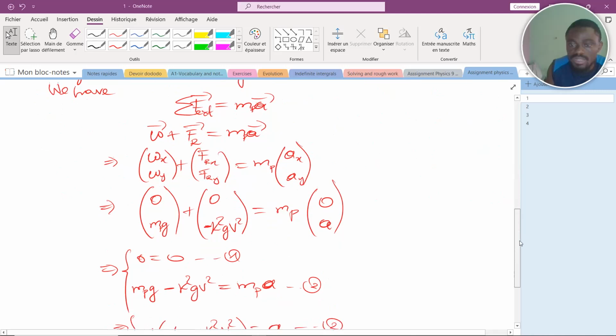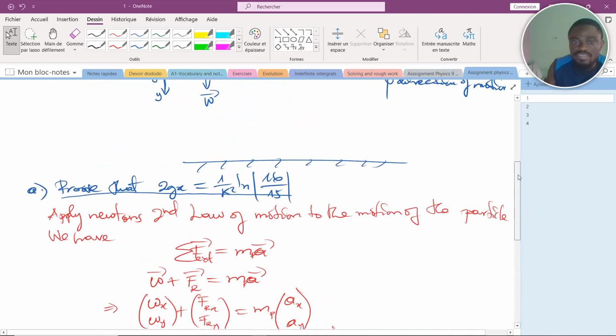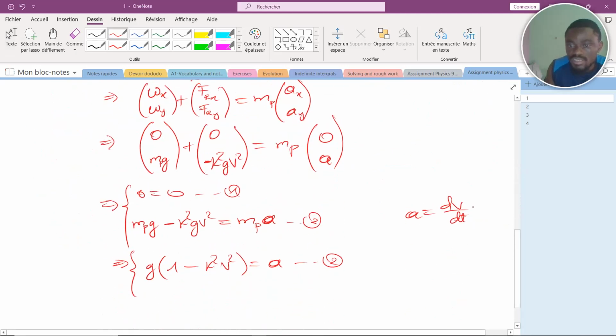In our last expression, we know that acceleration is equal to dv/dt, but we cannot use this because our main aim is to prove something which relates x to something. So the best thing to use: if we differentiate implicitly with respect to x, this becomes dv/dx times dx/dt.